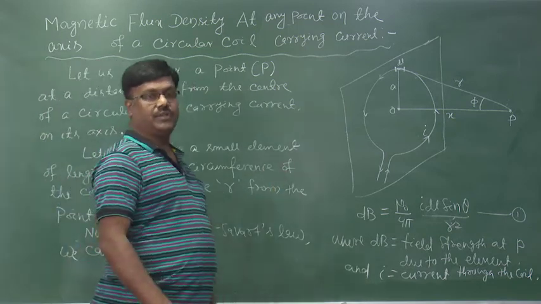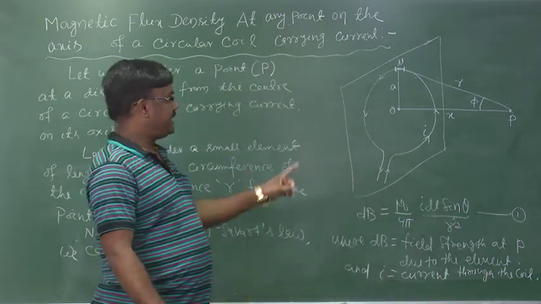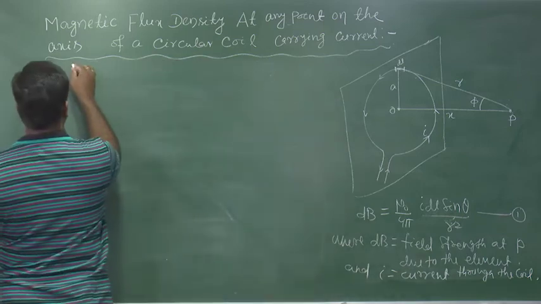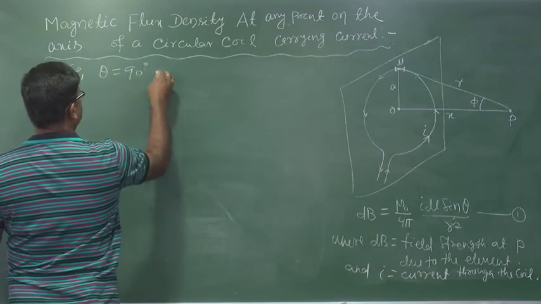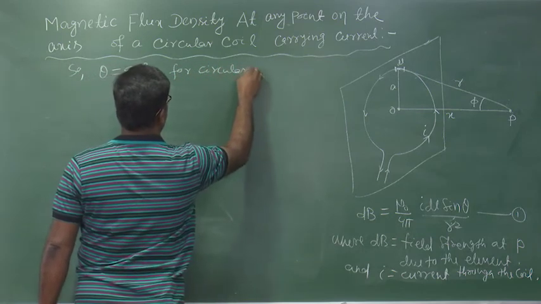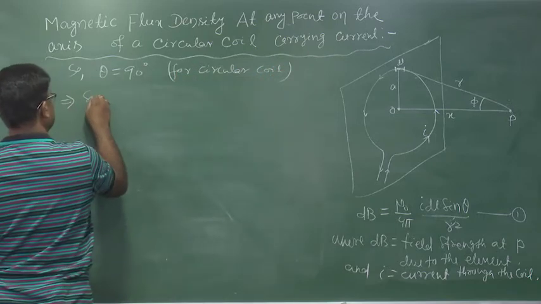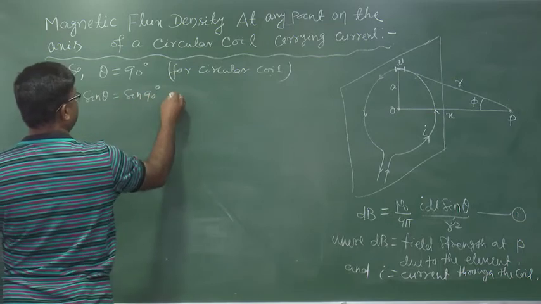But we know that the value of theta will be 90 degree for circular coil. So, we can write theta equal to 90 degree for circular coil, which implies sin theta is equal to sin 90 degree equal to 1.